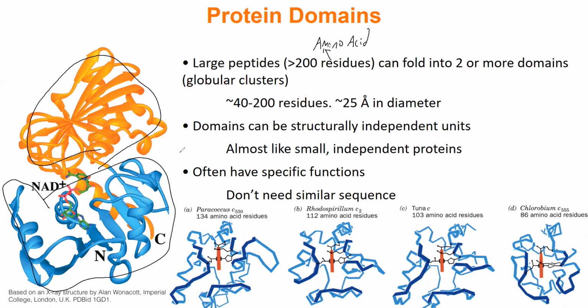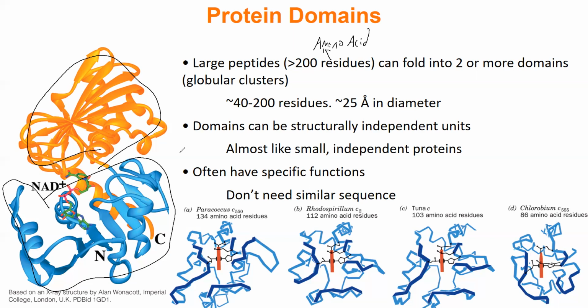And like I say here, they're almost like independent units. They fold by themselves. They often have a function that's their own. Some of them don't have functions though, but some of them do. Domain's kind of a catch-all word.